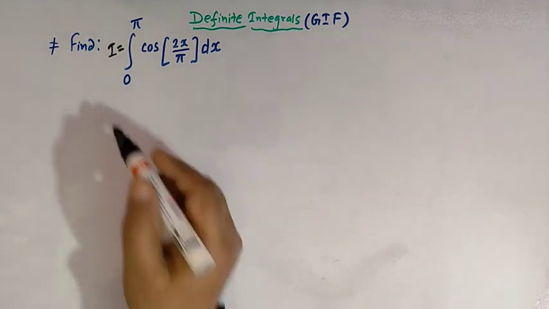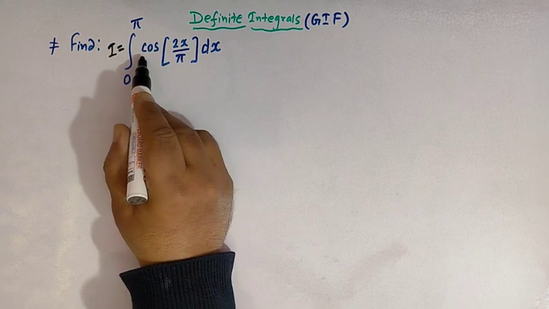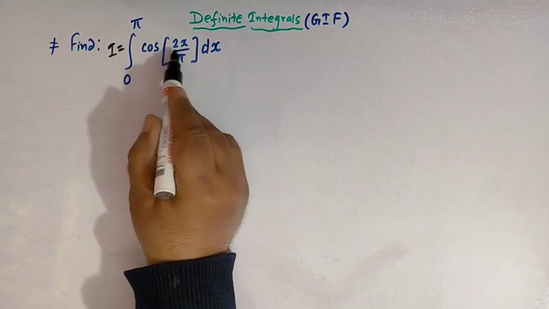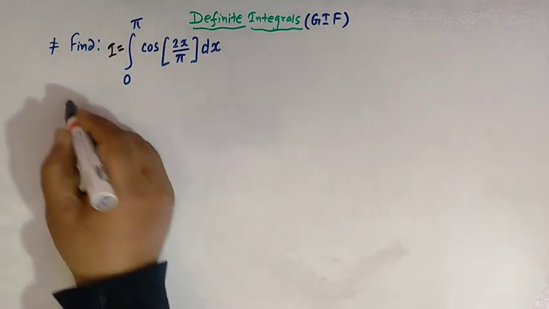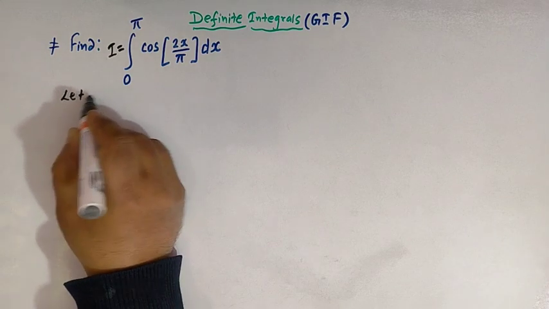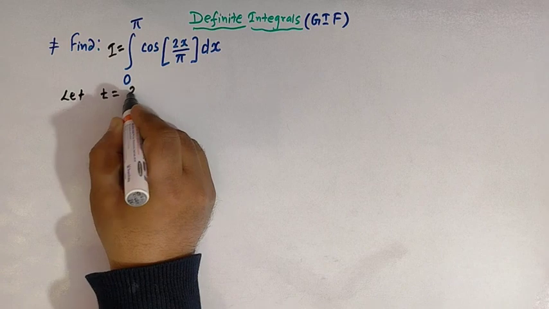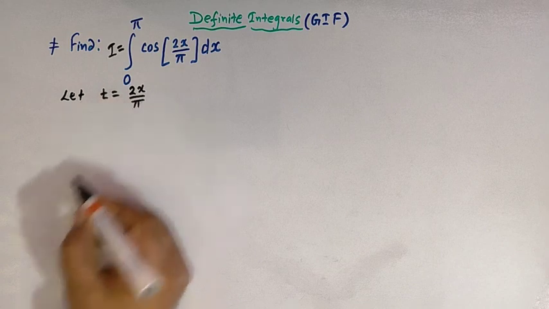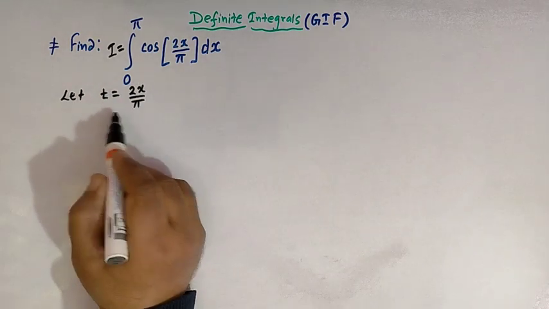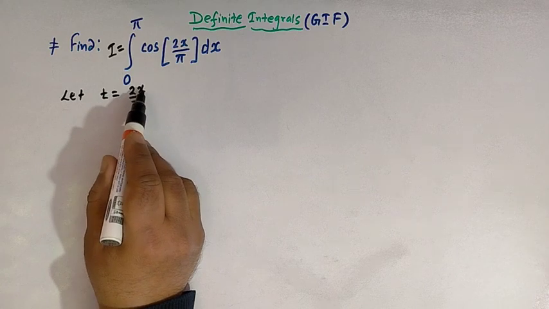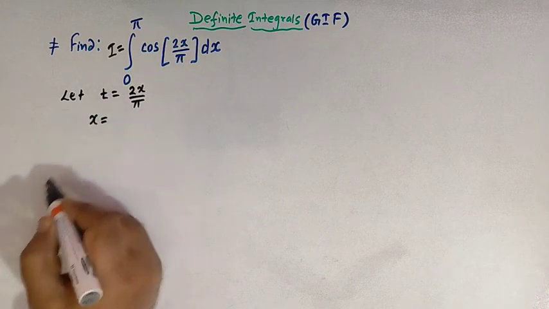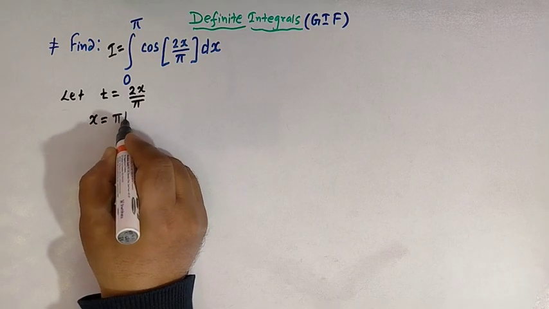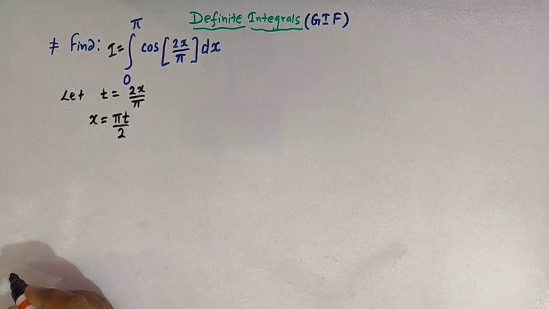So here we have 0 to pi, and cosine of the greatest integer of 2x over pi, right? So what we will do here, we'll take t is equal to 2x over pi, right? So here the appropriate substitution would be t is equal to 2x over pi. Now from here we can write the value of x as pi t over 2, right?